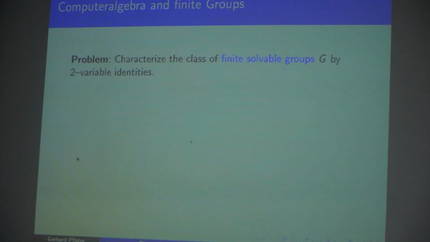And now we can start with the problem. The problem is to characterize the class of finite solvable groups by two variable identities.